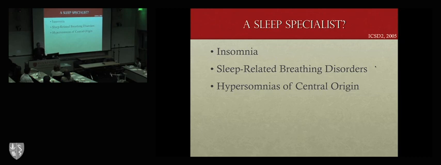And then there's one other that's almost pathognomonic for narcolepsy, which is cataplexy. As you're telling a joke, coming up with something funny to say to someone, you have an involuntary loss of muscle tone, oftentimes triggered by positive emotion, but it can also be anger and things like that. So that's hypersomnia of central origin. It's a fascinating field. We've made a lot of advances in narcolepsy in the last 10 or so years.